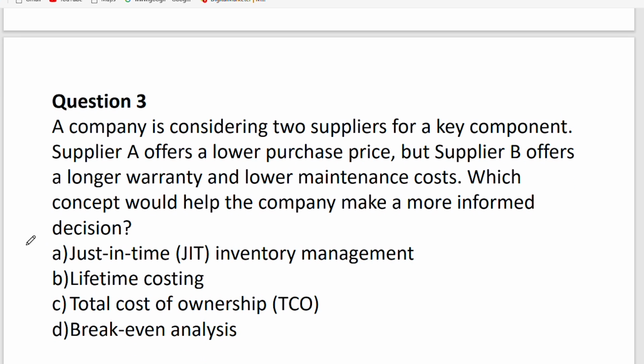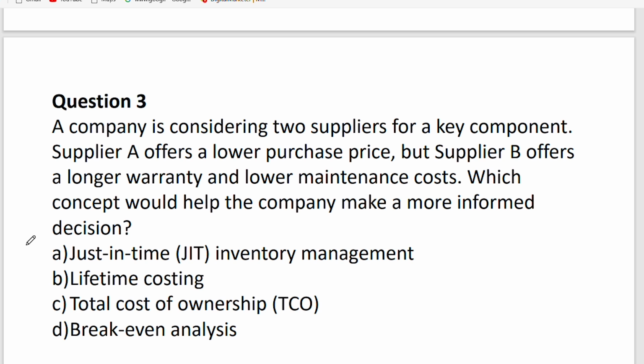Next, a company is considering two suppliers for a key component. Supplier A offers a lower purchase price, but supplier B offers a longer warranty and lower maintenance cost. So their prices are probably high, but then there is the longer warranty and lower maintenance costs, meaning which concept would help the company to make a more informed decision?